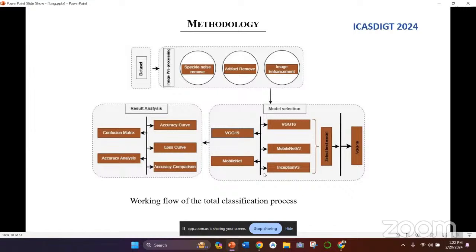We select five models: VGG16, VGG19, MobileNet V2, MobileNet, and Inception. Then we select the best model. The best model is VGG16. Then we do result analysis, conclusion, making loss curve, result accuracy, and result comparison.